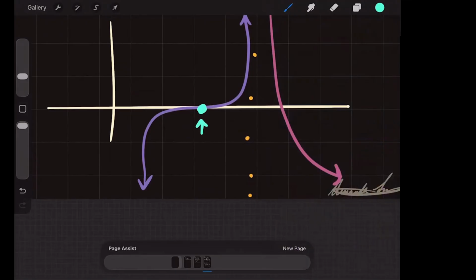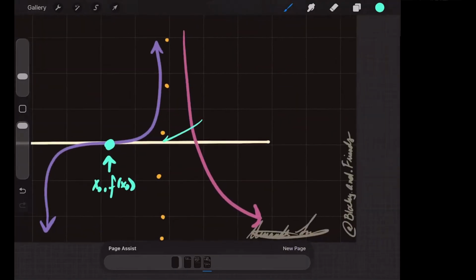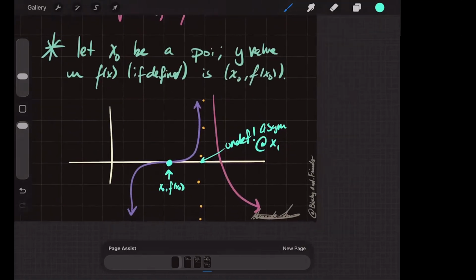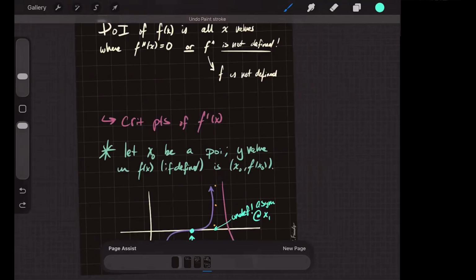So if it's defined, you need to find the y value. So it's going to be x naught comma f of x naught, and it's going to be undefined here. So you're going to have an asymptote at x1. Make sure to separate whether it's a point of inflection because f double prime is equal to 0 or because there's an asymptote. It's very important.